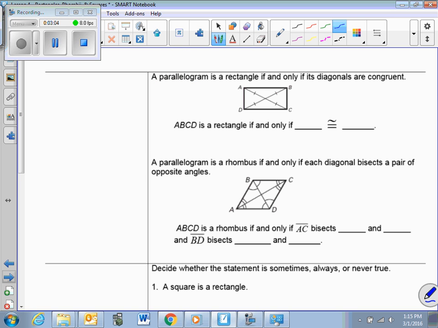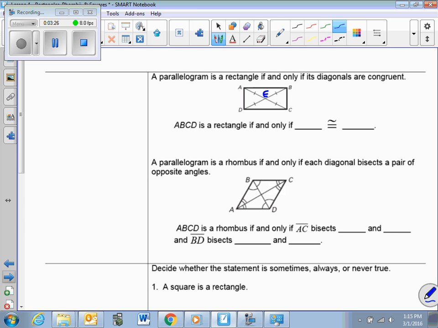A parallelogram is a rectangle if and only if its diagonals are congruent. So we can see there, if we were to name this, let's say E, we already knew that AE was congruent to EC and DE was congruent to BE. Why?